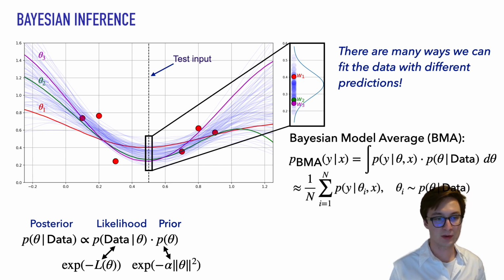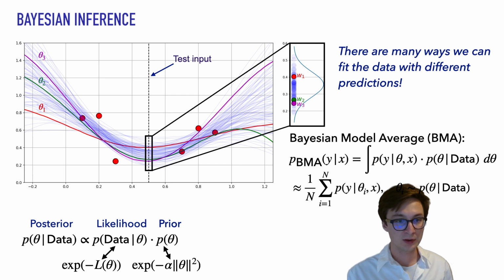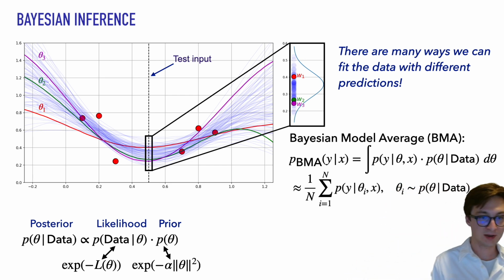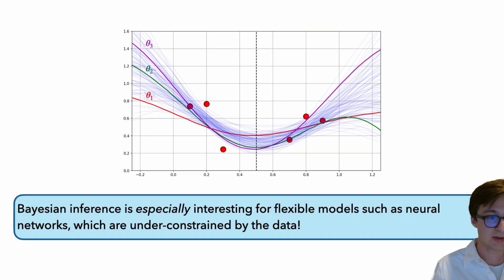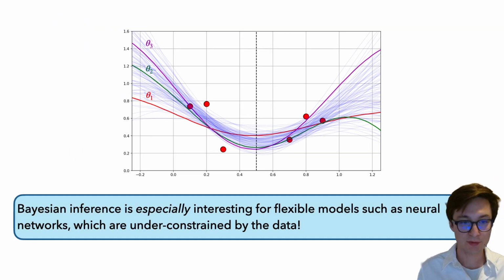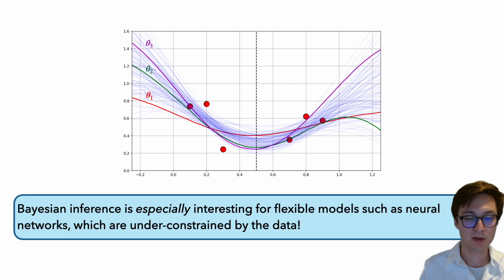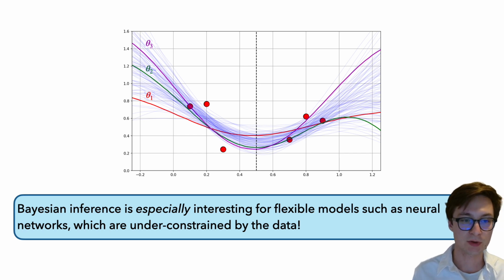In practice, this integral is intractable, and so instead we would approximate it with an ensemble. We would just sample a bunch of neural networks from this posterior distribution, and we would average the predictions across all of them. And one important thing that I want to emphasize here is that I believe Bayesian inference is especially interesting in the context of flexible models such as neural networks.